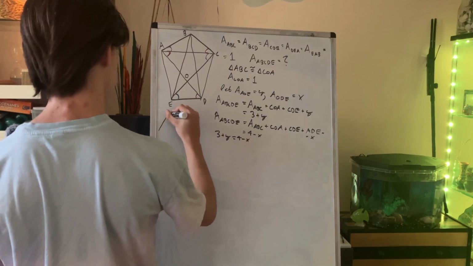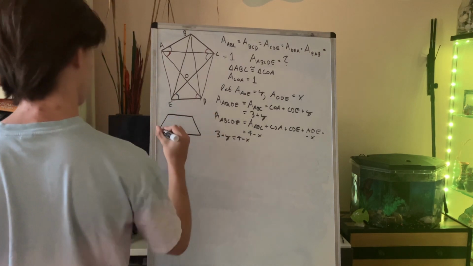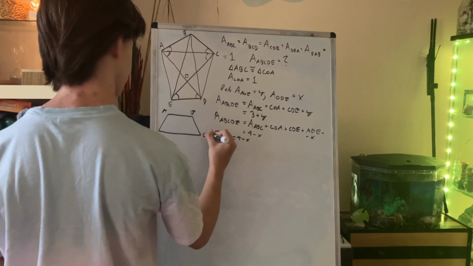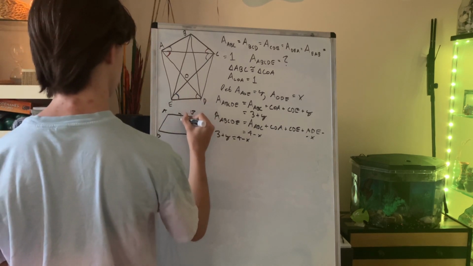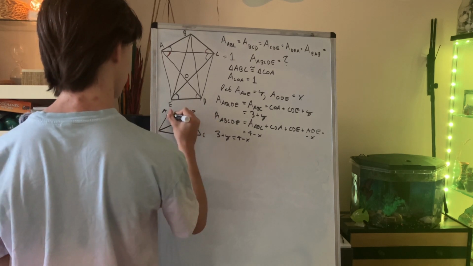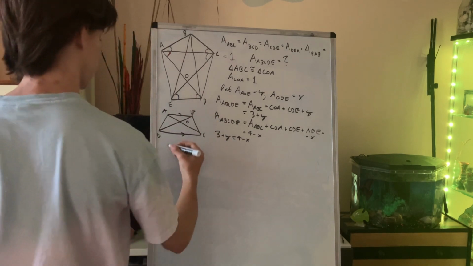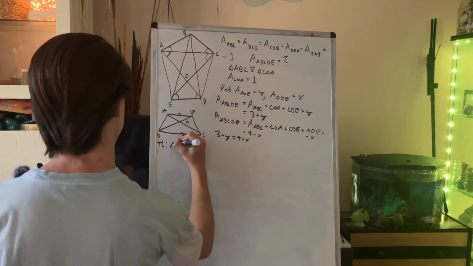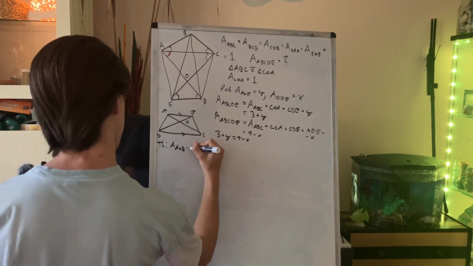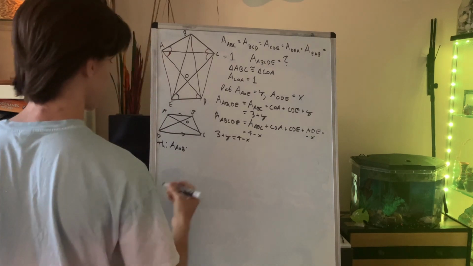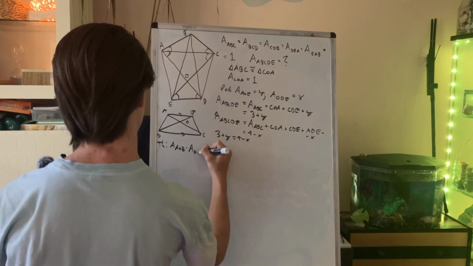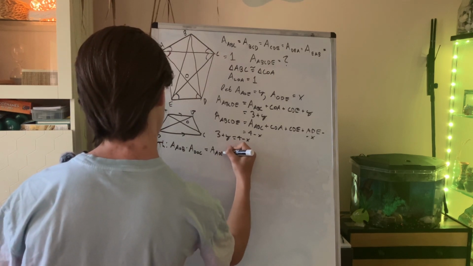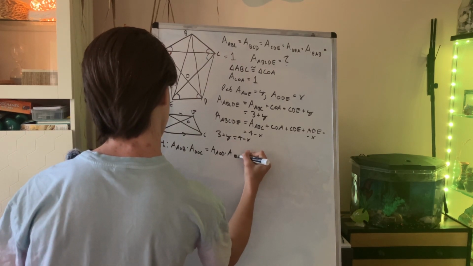If you have one pair of parallel lines, right here, it's commonly seen with trapezoids, and we have their diagonals intersecting at O, then we know the theorem: the area of AOB times the area of DOC is equal to the area of AOD times the area of BOC.